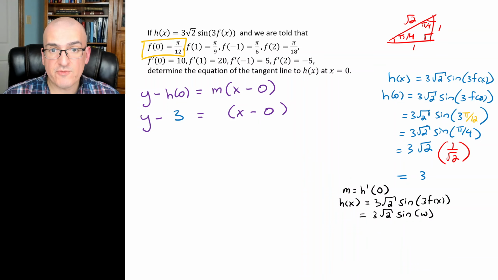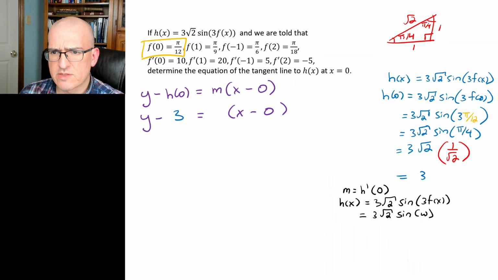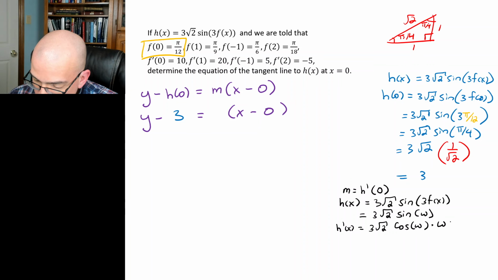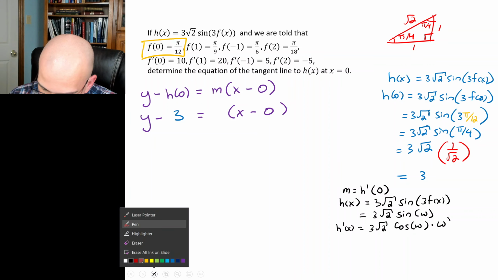Keeping in mind that 3 is a constant and root 2 is a constant, so we have a constant times a function. It doesn't get involved in the derivative. h prime of x is going to be 3 root 2 times the cosine of w times w prime. That's our new chain rule.